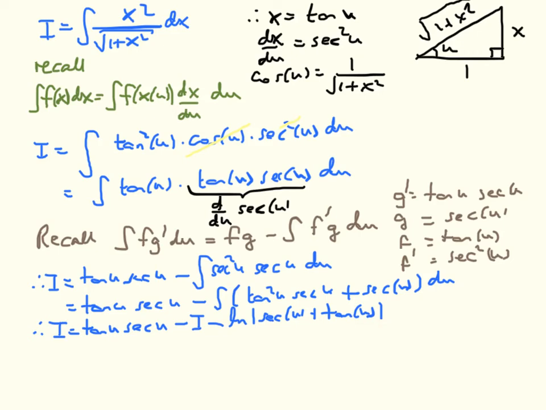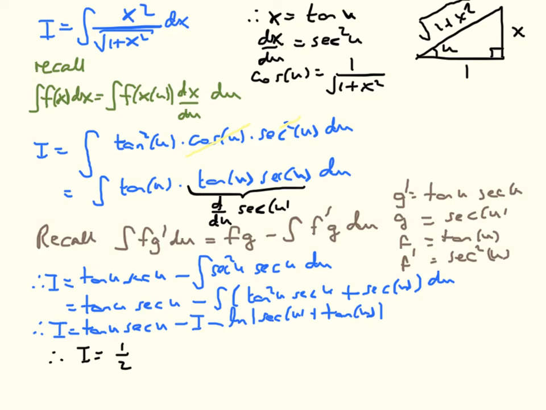So therefore our integral is 1/2, and that's just because we had here that 2I is equal to this minus this, so that's when we just divide it by 2.